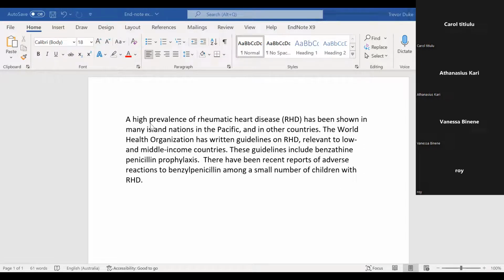I hope you can see this paragraph. It says a high prevalence of rheumatic heart disease, RHD, has been shown in many island nations in the Pacific and in other countries. The World Health Organization has written guidelines on RHD relevant to low and middle income countries. These guidelines include benzathine penicillin prophylaxis. There have been recent reports of adverse reactions to benzathine penicillin among a small number of children with RHD.